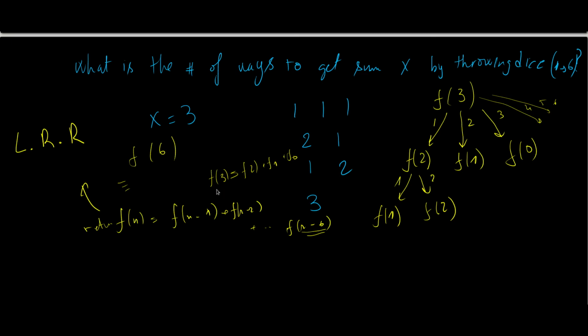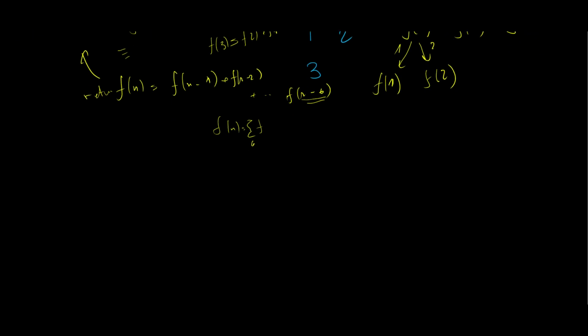The second approach will be dynamic programming. Each time we want to calculate f of n, it will be just the sum of the 6 previous values. And the last approach I am interested in is the one we just saw, which is matrix exponentiation.